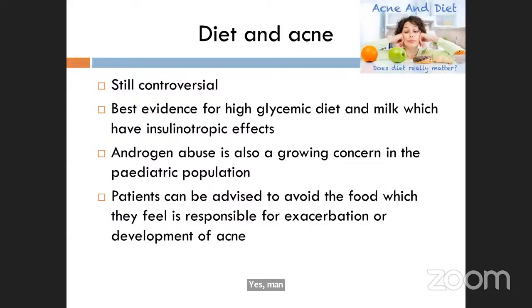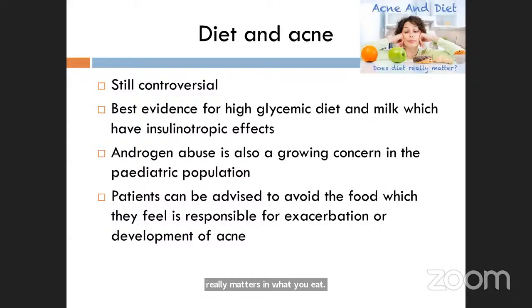Thank you, sir. So next is the role of diet and acne. So this area is still controversial. We have studies pro it, and we have studies showing that nothing really matters in what you eat.